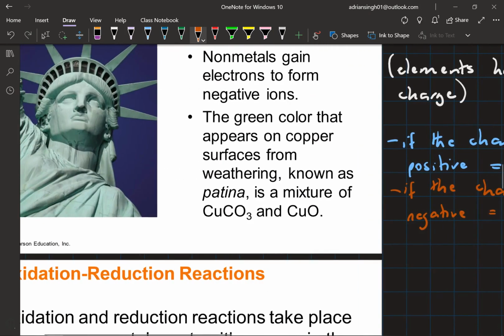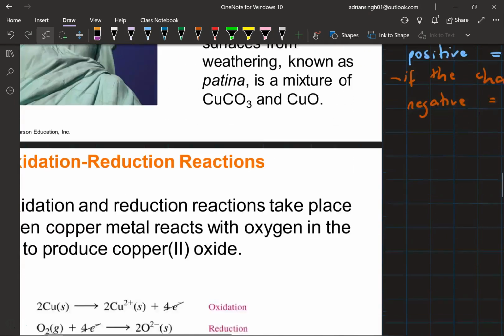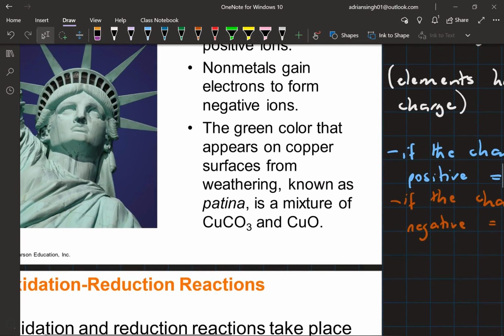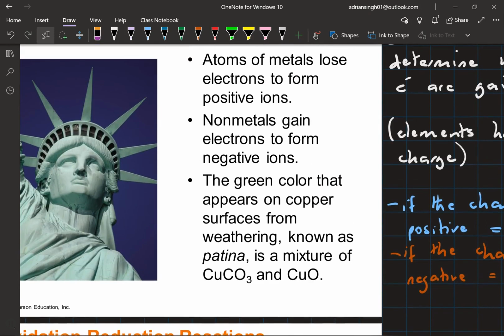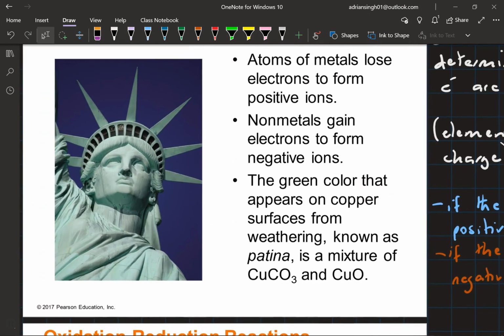So an example of where this can happen would be copper, for example. And as you probably know, copper has a very brownish red color. Well, the Statue of Liberty is actually made out of copper, but it's not red-brown. It's actually green, sort of a light greenish bluish color.